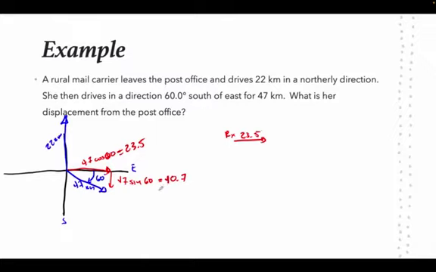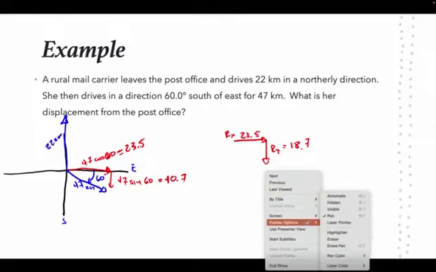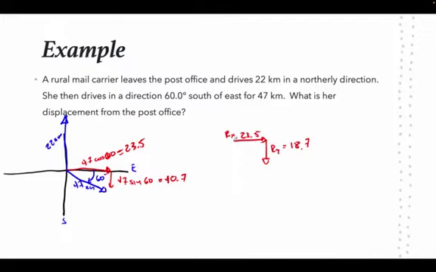So 22 plus negative 40.7 gives me minus 18.7. So my resultant y vector will be 18.7. Why am I not writing a negative there? Because the arrow already points down, which means the negative is already implied.